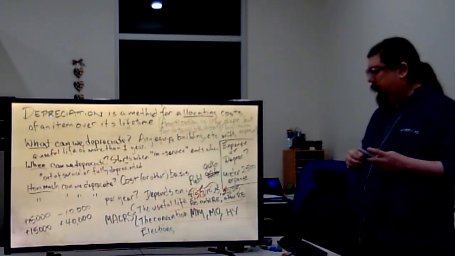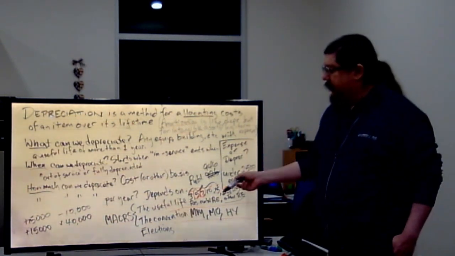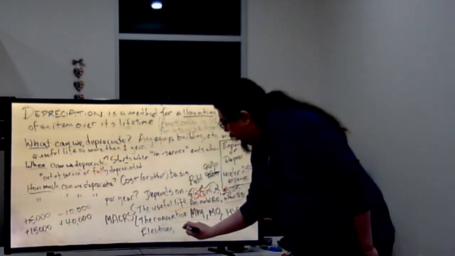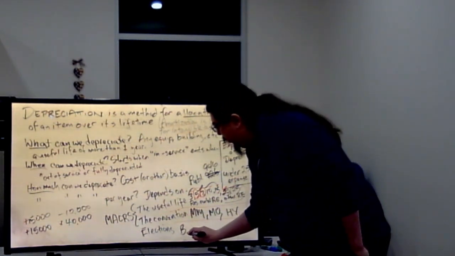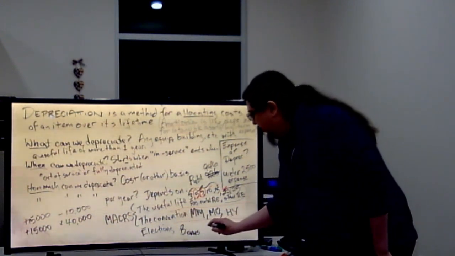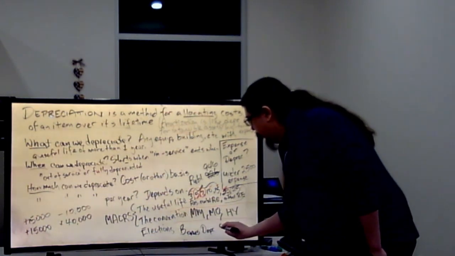Yeah. So finally, the third category of what's going to affect how much you can depreciate per year is going to be bonus depreciation and section 179.